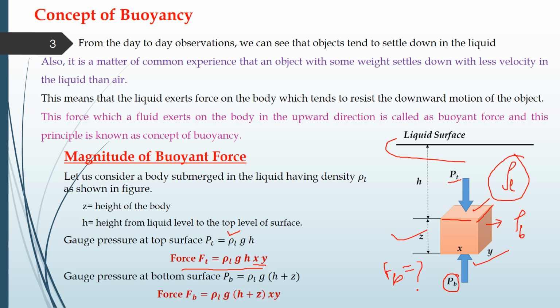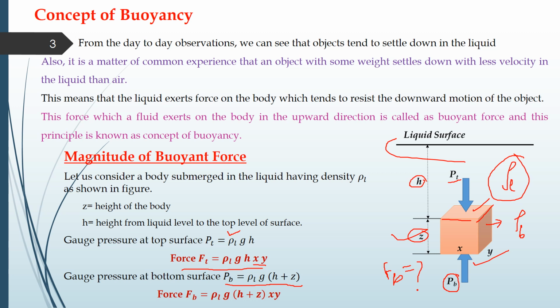Similarly, the force acting on the bottom surface is given by the same basic formula, P equals rho g h, but in that case h will be different, it will be h plus z.